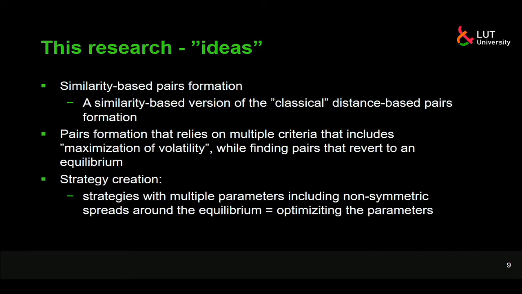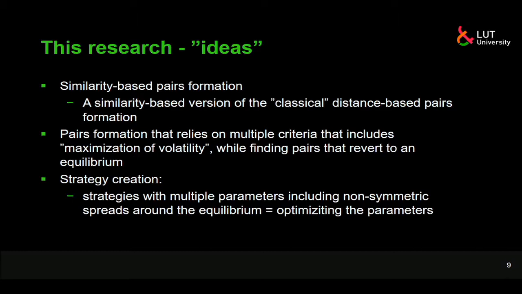And what we want to also look at is strategies with multiple parameters, and obviously there are many different types of parameters that are typically considered to be constants that we can then parametricize, make parameters. For example, the distances, do they have to be symmetric?